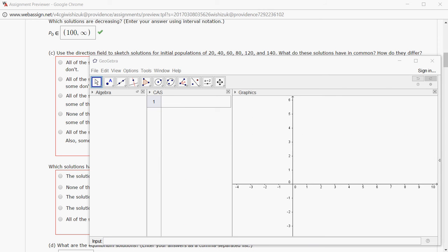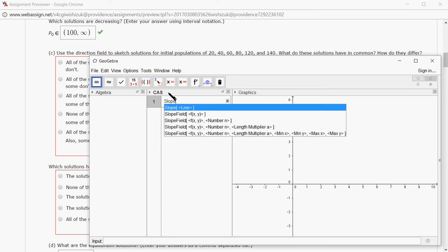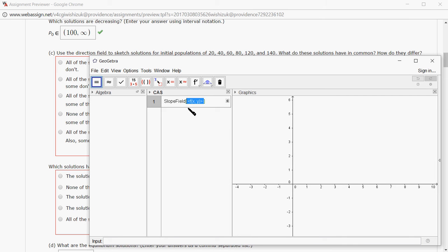Alright, let's sketch the slope field first. Slope field. The equation is 0.04 times P times 1 minus P over 100.